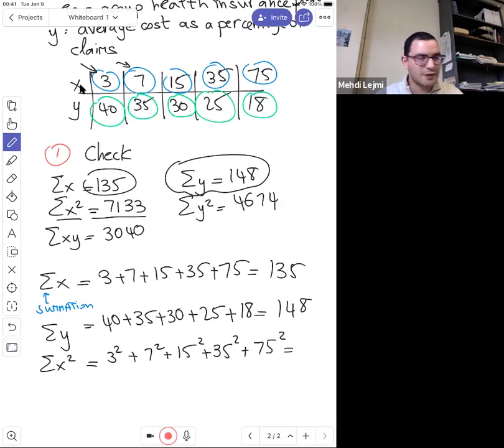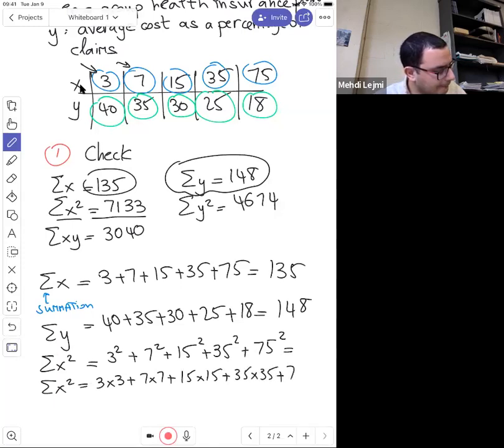And again, when we say square, it means you multiply the number by itself, right? So 3 squared is 3 times 3. This is saying 3 times 3 plus 7 times 7, plus 15 times 15, etc. Of course here we have addition and multiplication, but with the PEMDAS rule, you do the power first.